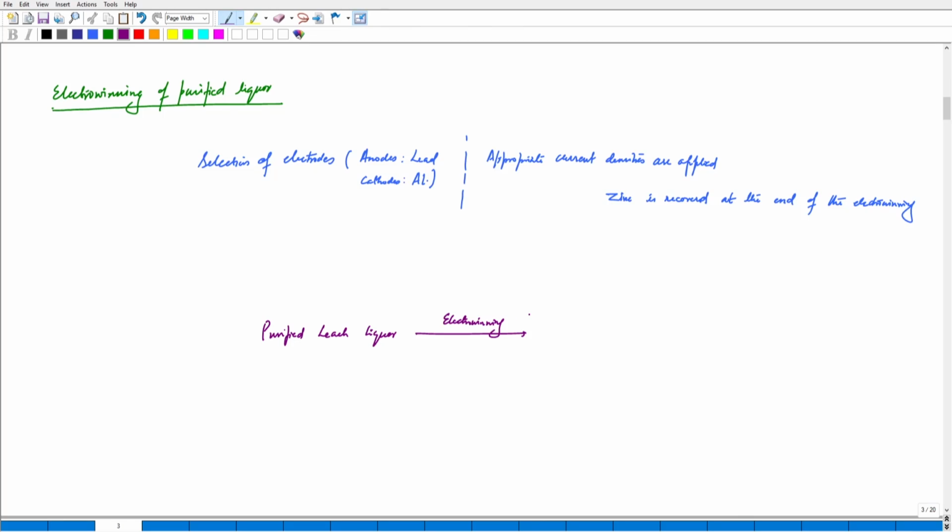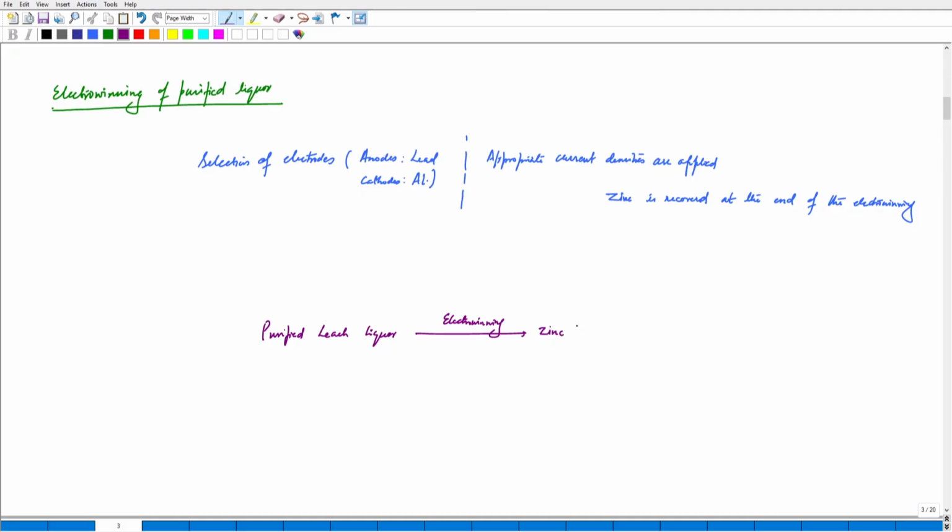Of course, one has to think about various parameters that are present in the electrowinning process, such as what is the distance between the two electrodes, or if we have a multiple electrode system, how are the electrodes arranged, what is the chemical composition of the electrolyte, did we add anything else into the electrolyte, which was basically the purified leach liquor, to make it more useful as an electrolyte in this electrowinning system.